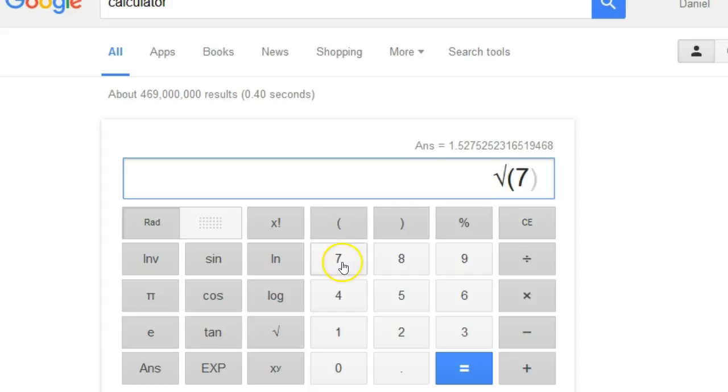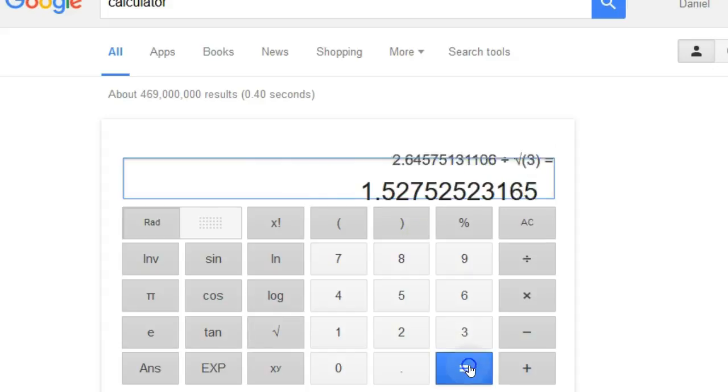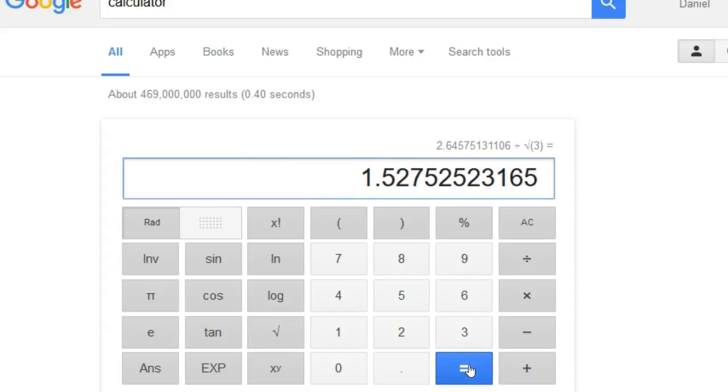The square root of 7 gives you your answer, 2.6 and lots of decimals, divided by the square root of 3. Close your parenthesis, hit equals, and there we have it. There's the approximation, 1.5275, without doing any rationalization.